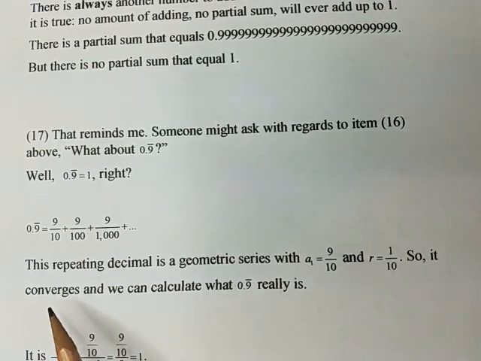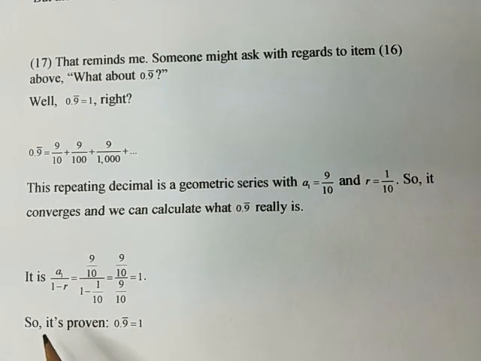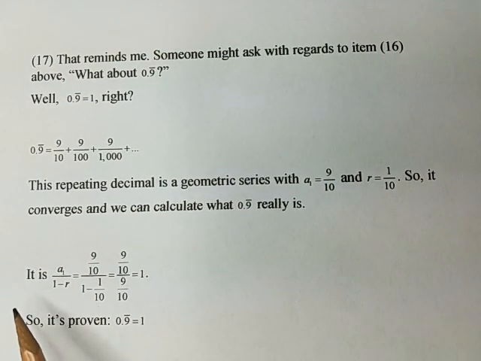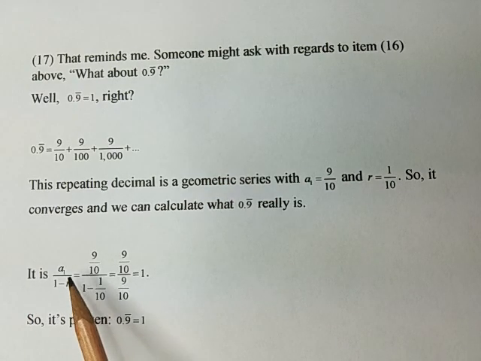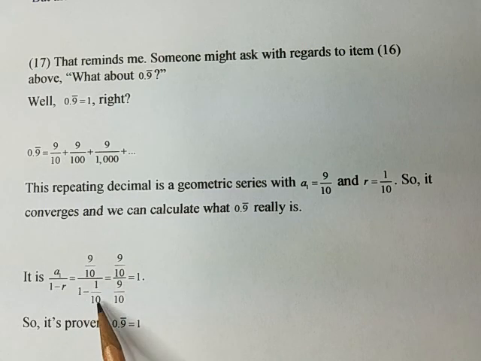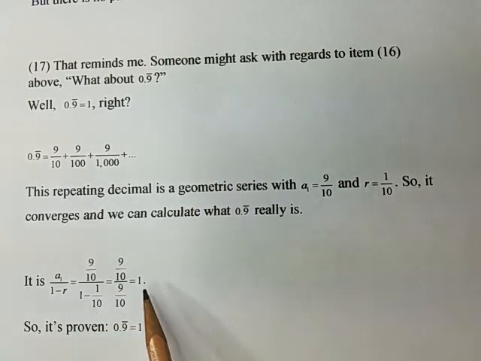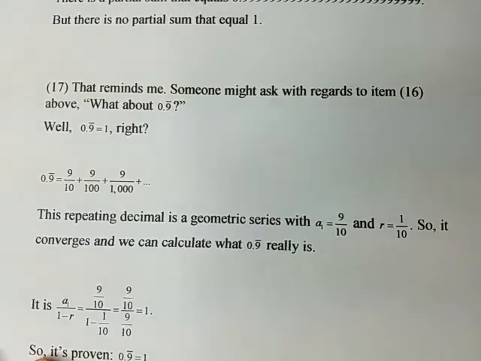That means it converges. We can calculate what 0.9 bar really is. It converges to a1 over 1 minus r. There's a1, 1 minus r. 9/10 over 9/10 is 1. All right, it's proven. 0.9 bar is equal to 1. So that's a summary, okay?